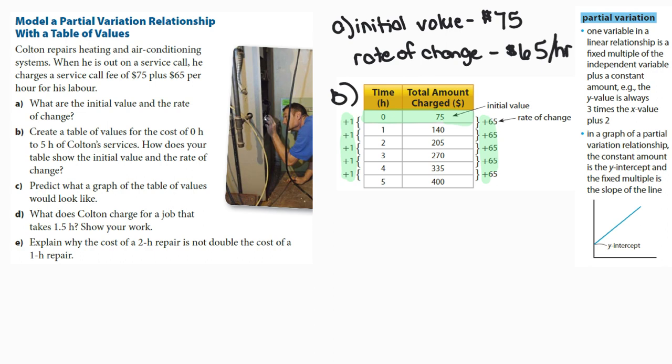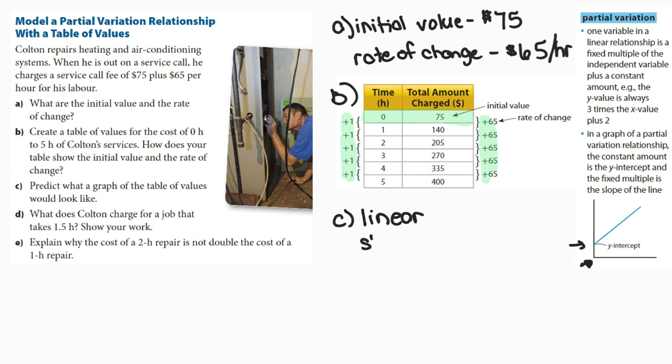Predict what the graph and the table of values would look like. So we know that because we're going up by the same amount every time, it would be linear. So the graph would be a straight line. But where normally it starts at that 0, 0 point, way down in the corner of the graph, this one would start at 0 and 75, a little bit higher up.